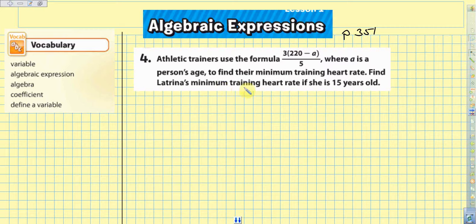Find Latrina's minimum training heart rate if she is 15 years old. So A is how old you are. The idea is we have 3 times 220 minus A, which is minus the age, which is 15, divided by 5.